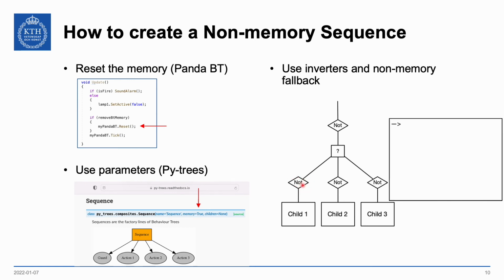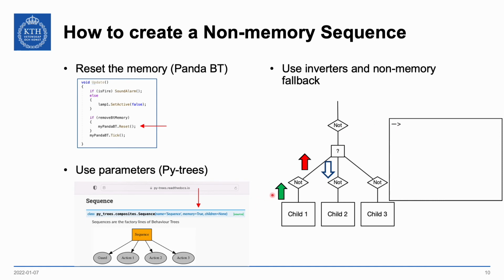You have a bunch of inverters and a non-memory fallback, and it works like this. If a child returns success, the inverter inverts that to a failure. The fallback, getting a failure, ticks the next node, and so on.